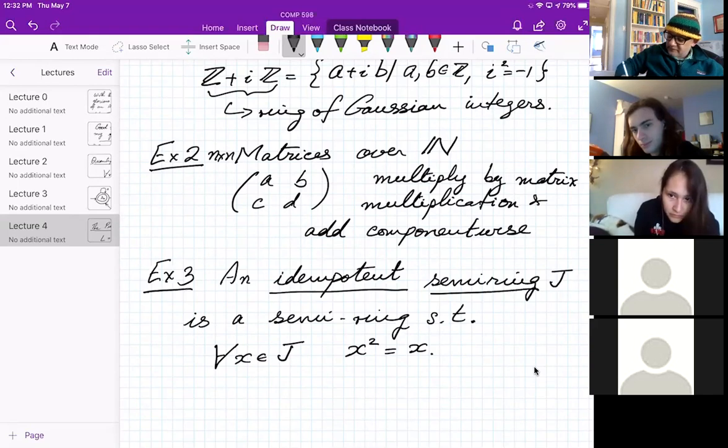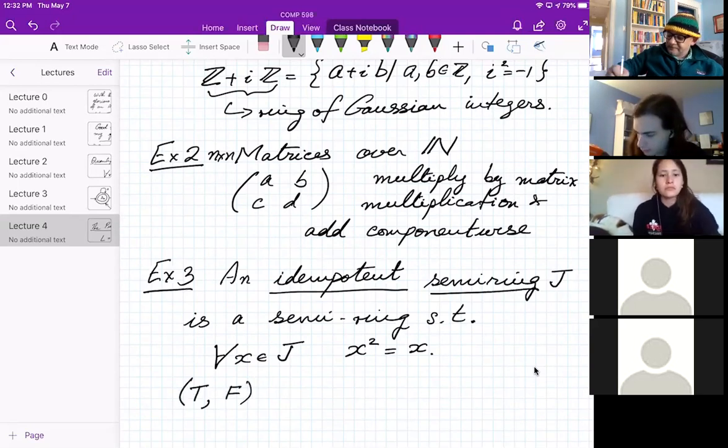So here's the example I have in mind: true and false, with this as my plus operation and this as my times operation.